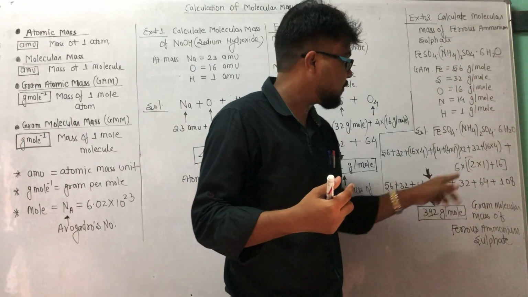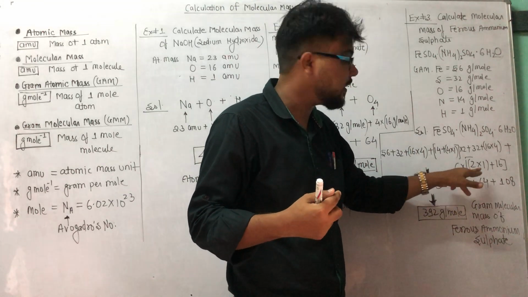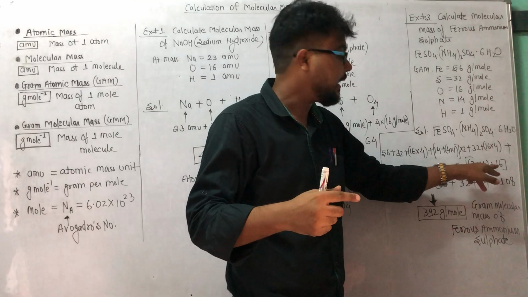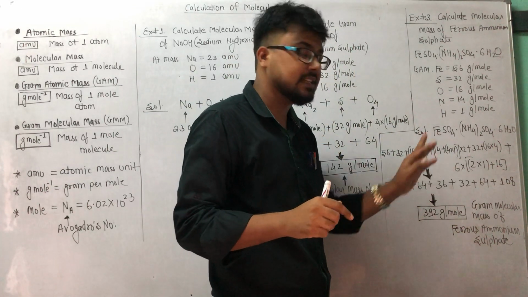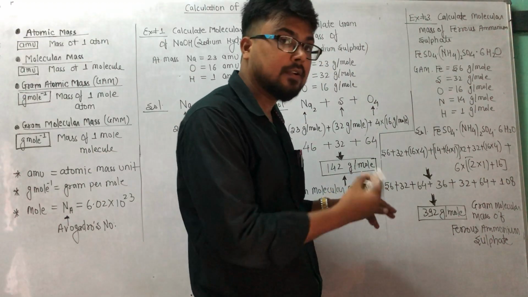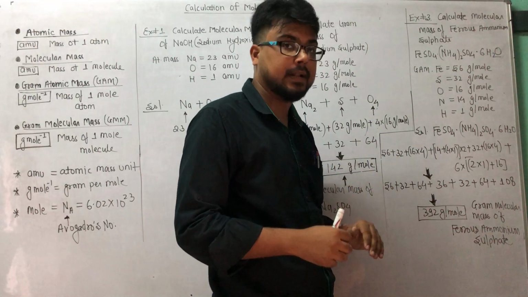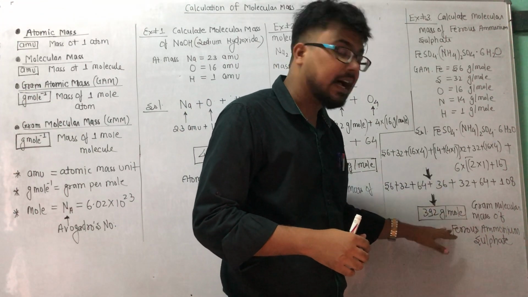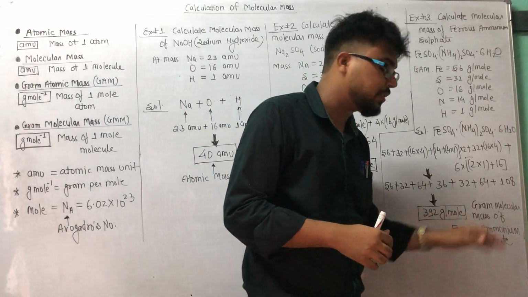And further 6H2O. The 6 is there, and H2O means 2 hydrogen with atomic mass 1 and 16 for oxygen, and the complete value will be multiplied by 6. Calculating the value, you will get 392 gram per mole. It is the gram molecular mass, GMM, of FAS, ferrous ammonium sulfate.